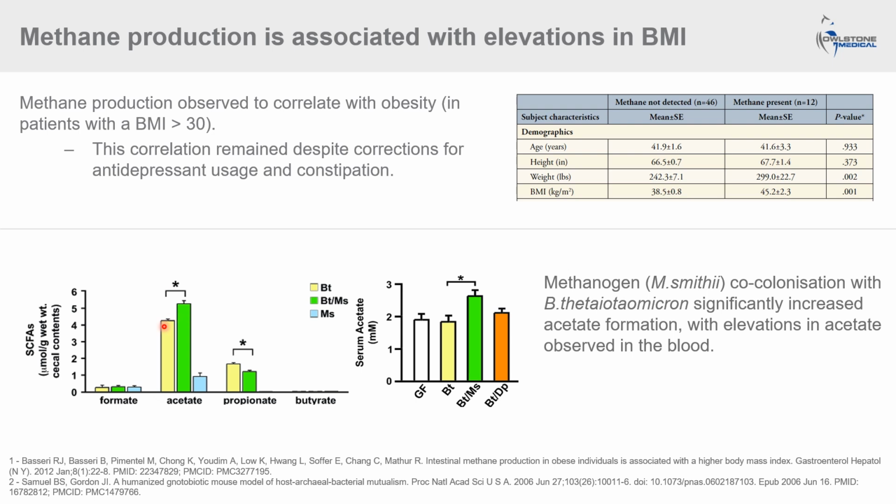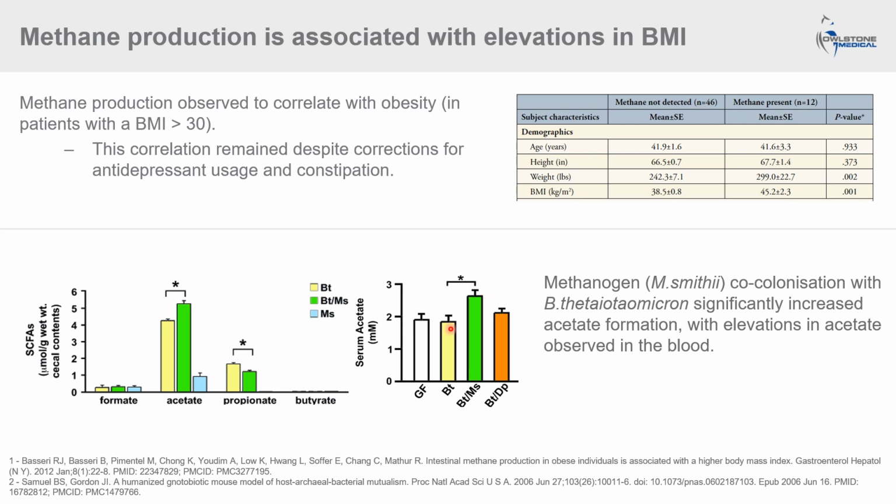Interestingly, slight decreases in propionate as well. However, these increases in acetate in this in vitro setting correlate and transfer over to an in vivo setting, with mouse models demonstrating increases in serum acetate levels with co-colonization versus single colonization.